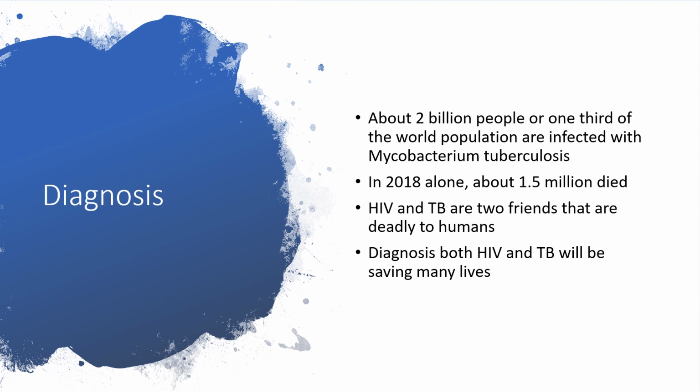Diagnosis. About 2 billion people, or 1/3 of the world population, are infected with Mycobacterium tuberculosis. Wow, that's pretty great. In 2018 alone, about 1.5 million people died. HIV and TB are 2 friends that are deadly to humans. Diagnosis of both HIV and TB will be saving many lives.